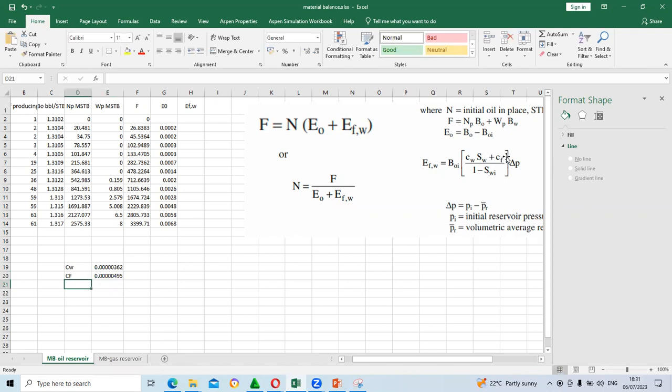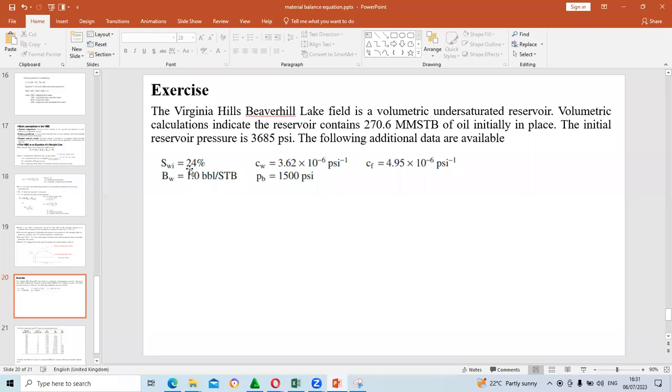All right, so that's our formation compressibility. We need also the irreducible water saturation. So we are going to go back there. Our irreducible water saturation is 24%, which is 0.24.